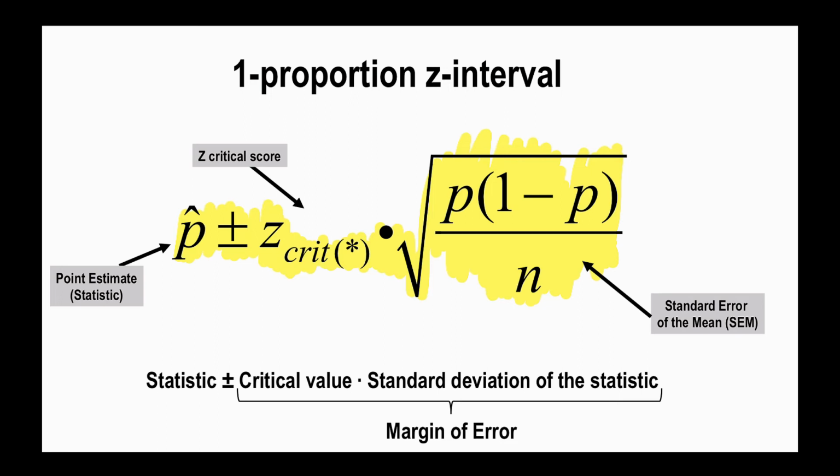Okay, so let's break this down real quick. First thing is P hat. P hat is what we call the point estimate. That's our estimate of the answer before we do the confidence interval. So in our case, P hat is 60 out of 75. Z critical.